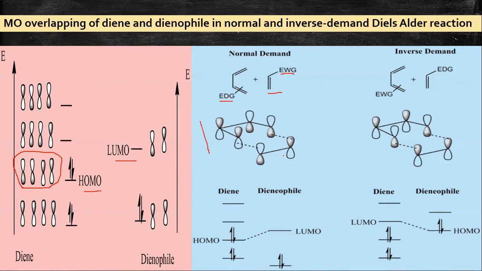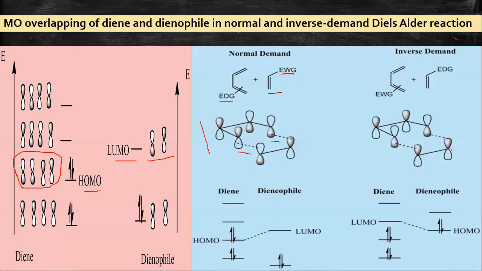We have seen here these are thermally and energetically allowed interactions between the HOMO of the diene and the LUMO of the dienophile, this one. And from the HOMO, electrons jump to the LUMO of the dienophile, and because the interaction is thermally allowed, energetically allowed, the reaction would be possible, and the Diels-Alder reaction would occur.